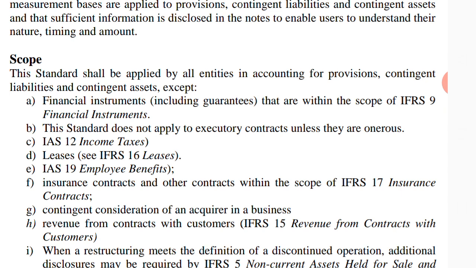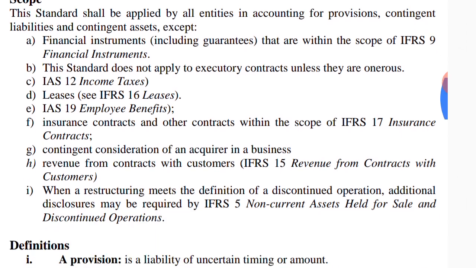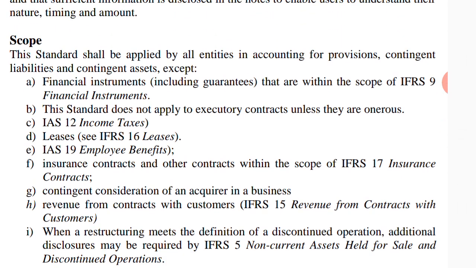The standard shall be applied to all entities in accounting for provisions, contingent liabilities, and contingent assets, except these transactions, which this standard does not cover. So you use the respective standards listed here to treat the provisions.